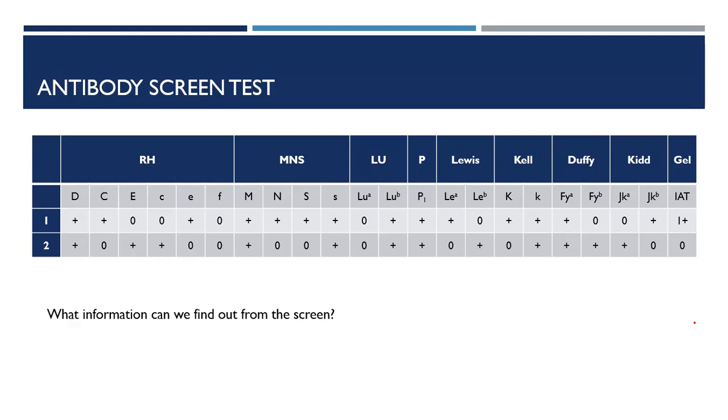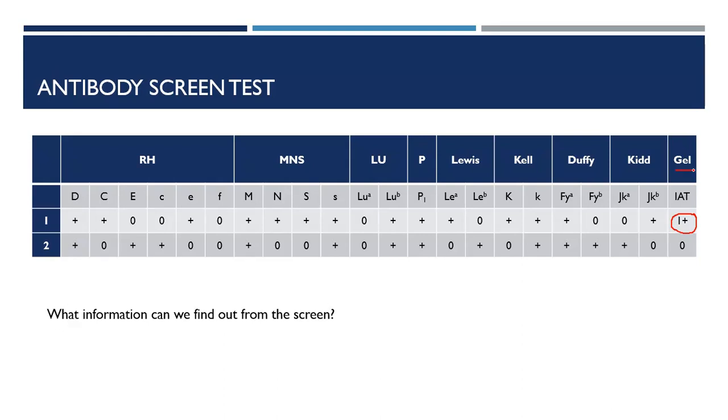On the screen, typically most transfusion services don't do an auto control, so we don't have that information present for us, but we can see here that we do have a positive reaction. So we have a positive antibody screen, and what information we can find out is the phase of reactivity is noted here.